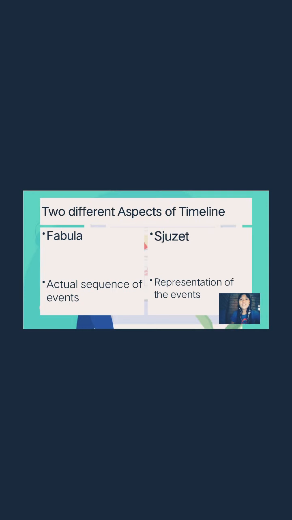Fabula is an actual sequence of, or perhaps imaginary, events as they occurred, while sjuzhet is only the representation of those events in a text. In terms, fabula and sjuzhet describe two different aspects of the timeline of events in a narrative.